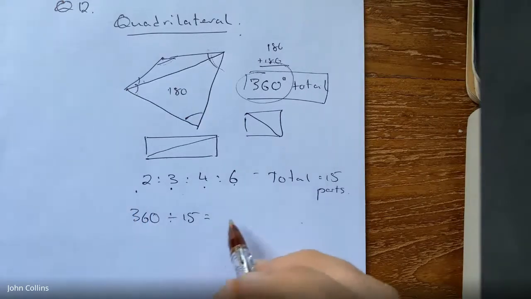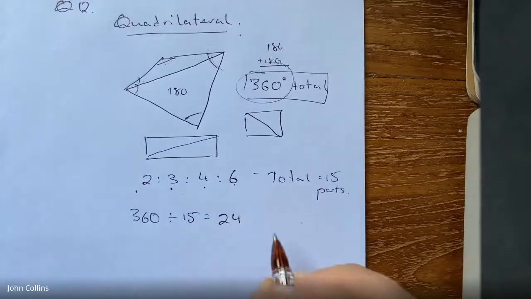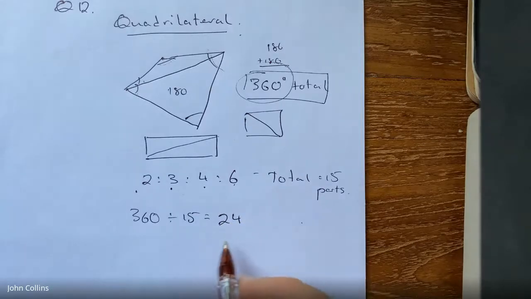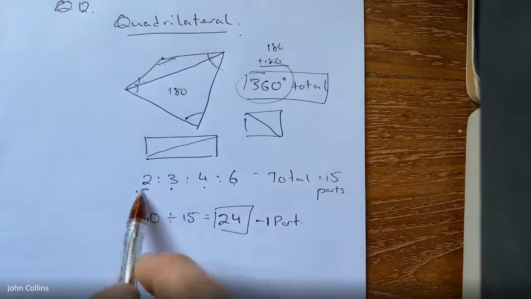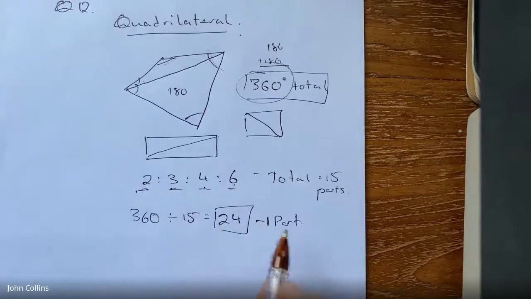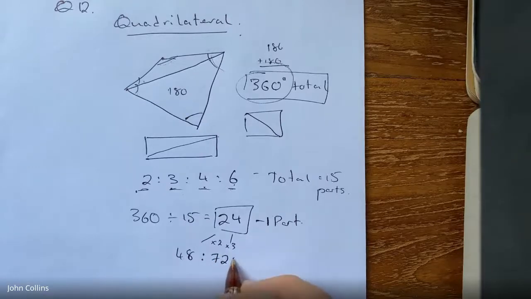24. Thank you. 24, yeah. So 24 is one part. One part only. But I need 2 parts, 3 parts, 4 parts, 6 parts. So you can multiply by 2 to get 2 parts, that's 48. Multiply by 3 to get what 3 parts are, that's 72.